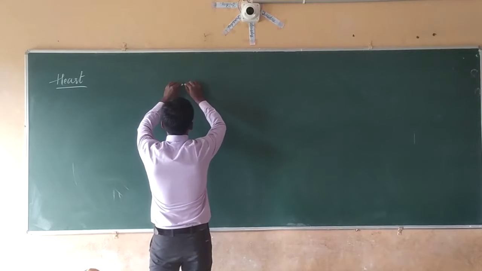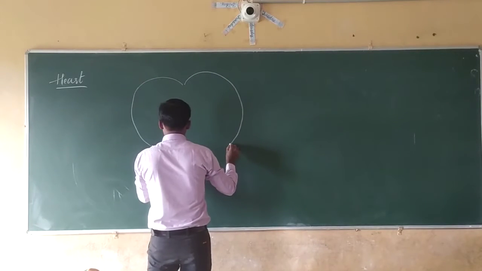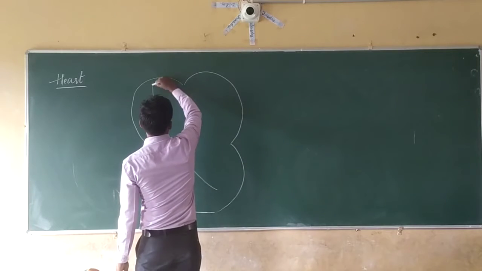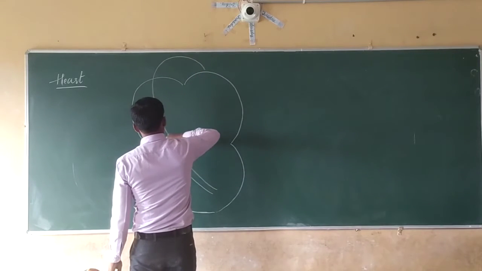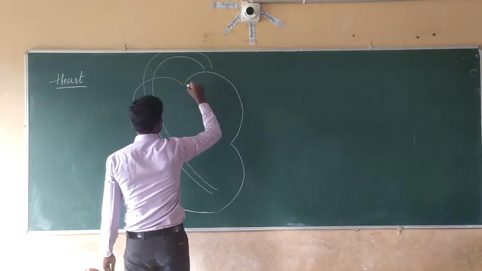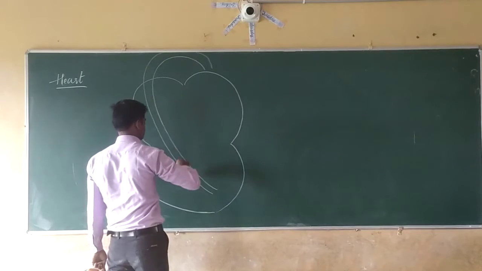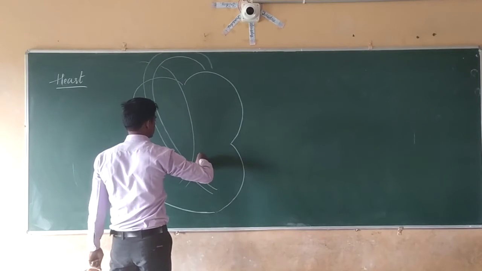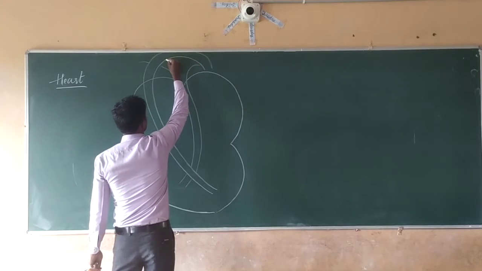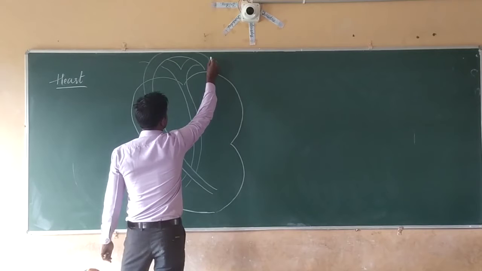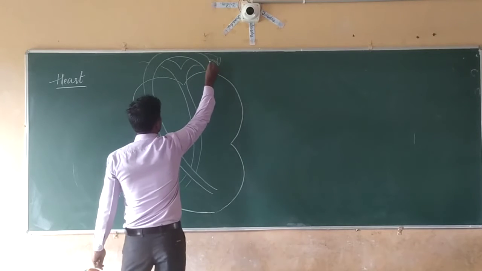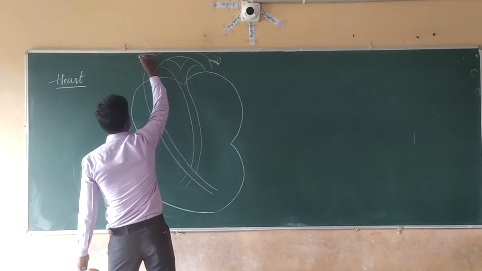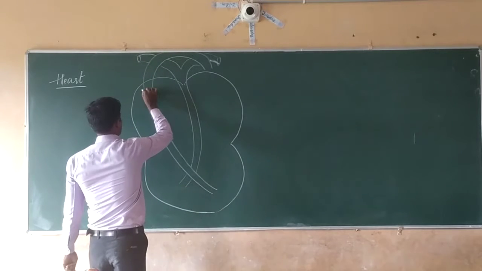The human heart is a four-chambered heart that is present in the chest cavity. Yes, four chambers are there in the human heart.